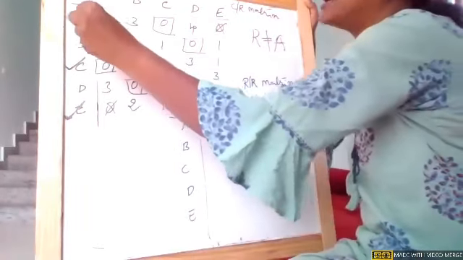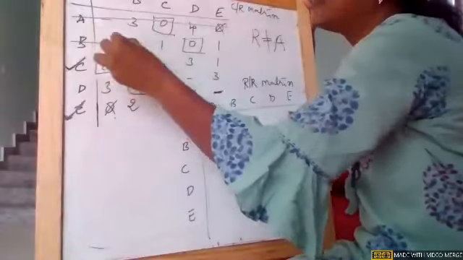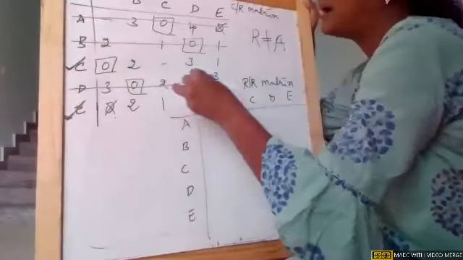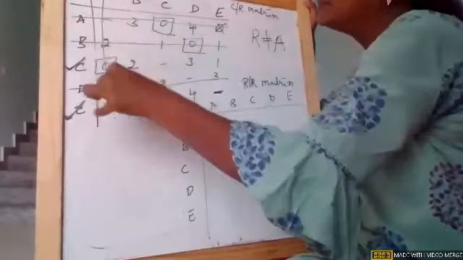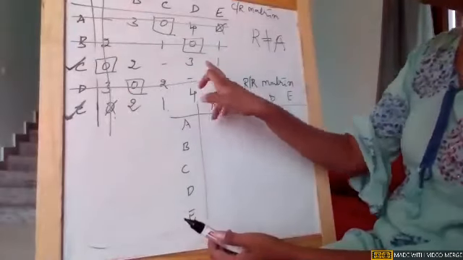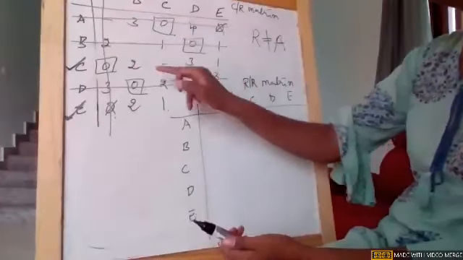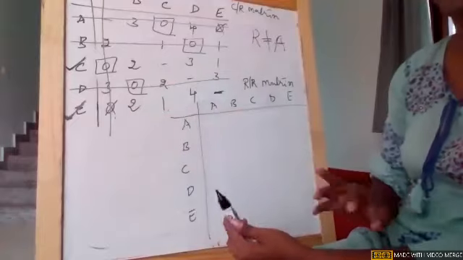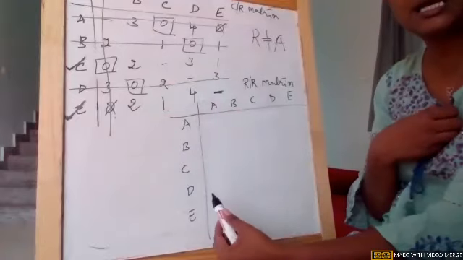So draw a straight line through unmarked rows and marked columns. When I'm done with this, please check, girls, don't forget this step: check the uncovered area, there must not be any zero.